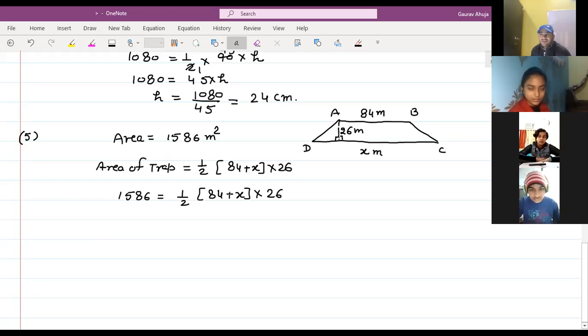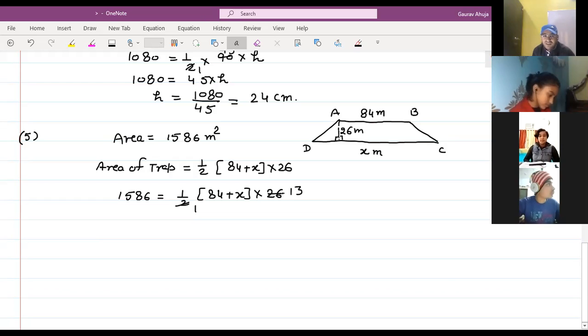But now I know how to make the calculation easy. I cannot divide 84 by 2 because 84 is inside the bracket with x. But 26 is out of the bracket, घर से निकाल दिया गया है. तो 2 13 जा, I can divide.